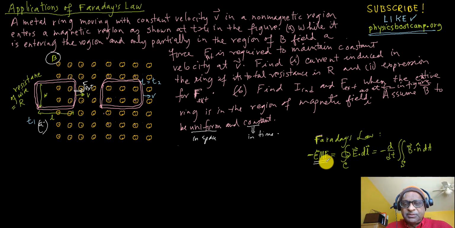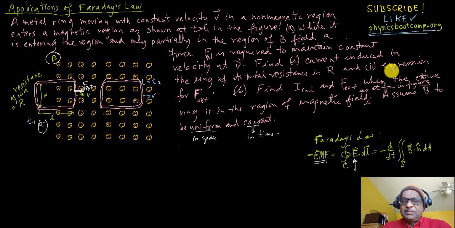If you can find the EMF, then we can just do V equals IR, and because the EMF will be steady, I will be able to use V equals IR to get the current. The direction of the current is already included in the direction of the EMF, right? The direction of the electric field that will be in the wire will be the direction of the current in the wire. We're going to get that from the sign when I do this calculation.